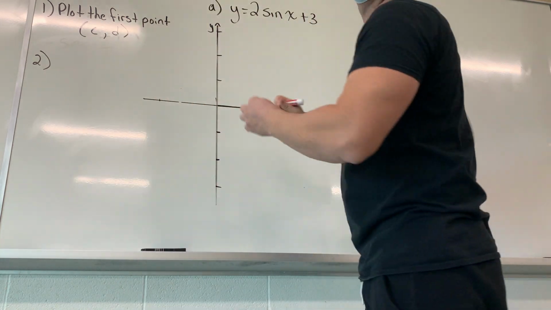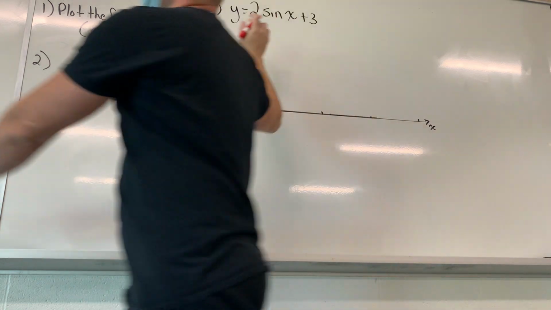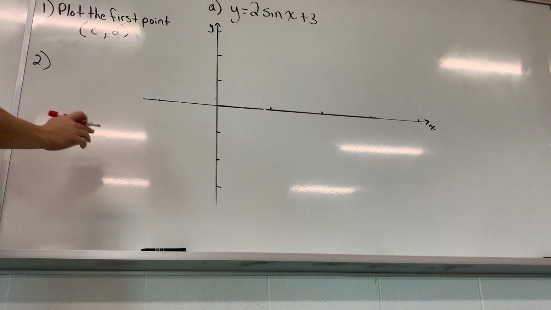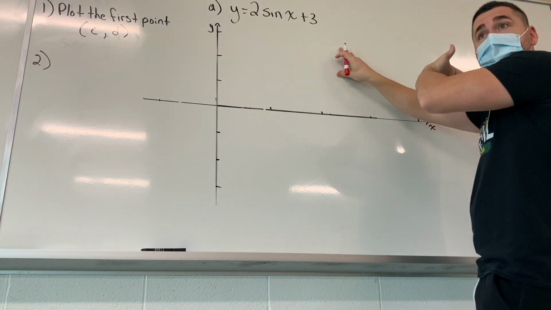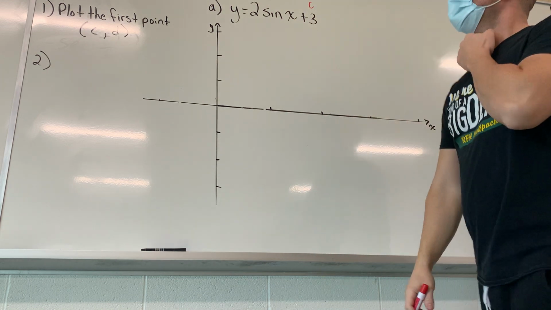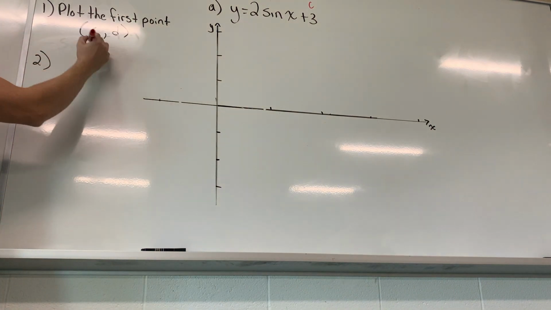What's the 2 gonna be? What letter? A, right? A is in front of the sine. K would come after in brackets. So that's our A value. And if it's a +3 outside of the brackets, what value is this? Our C value. So our first point is going to be C, which is 3.